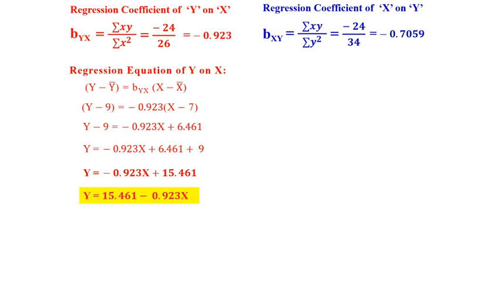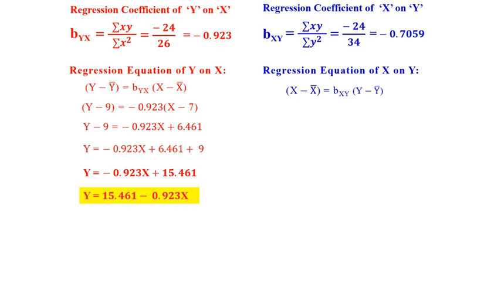Let us work out regression equation of x on y now. Okay, regression equation of x on y. So the equation is given as x minus x bar equals bxy into y minus y bar. Okay, first problem you understand, please understand first, then you can work out many problems.